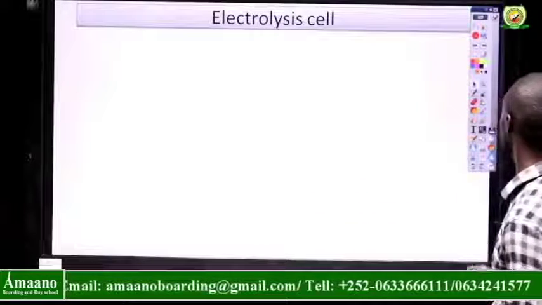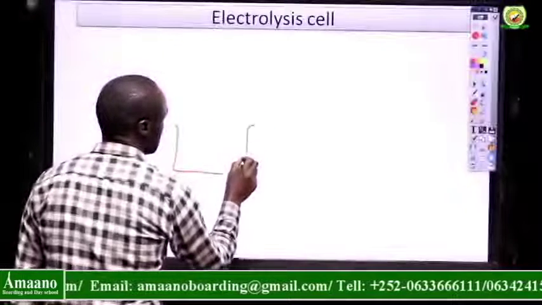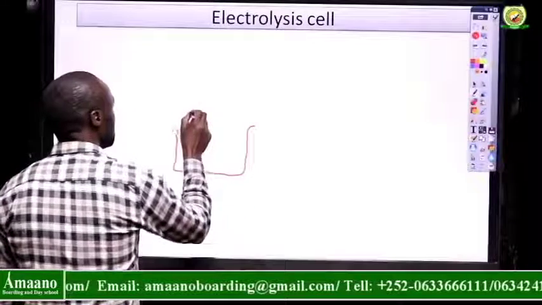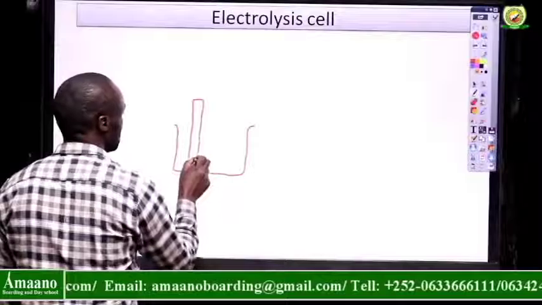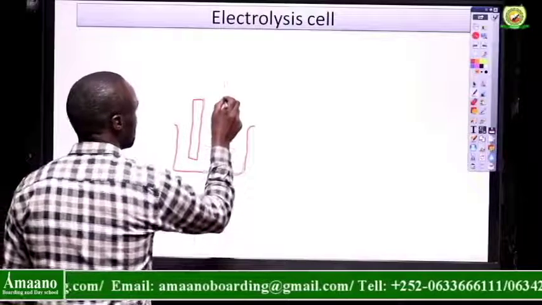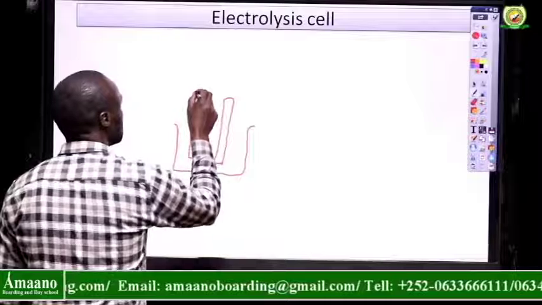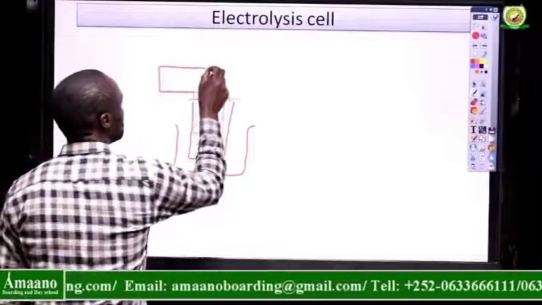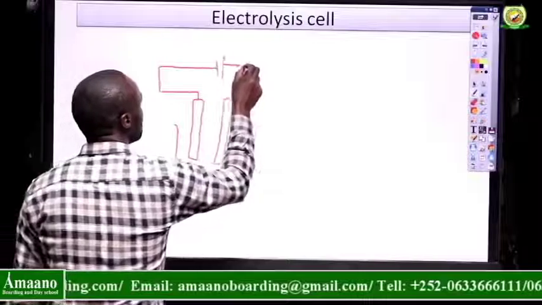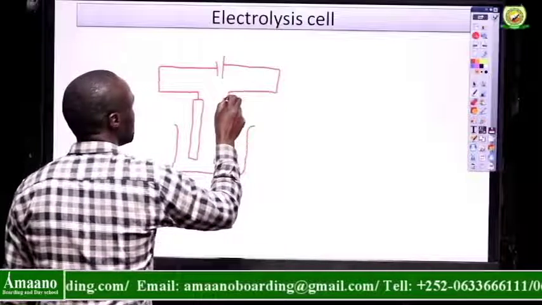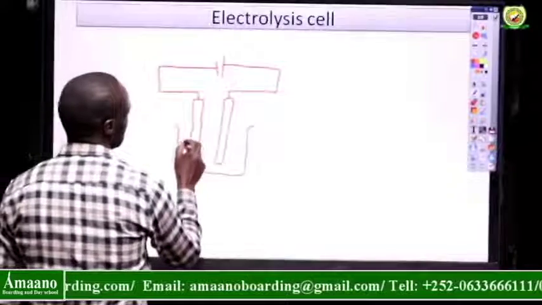Then we have this example of an electrolytic cell. This is how an electrolytic cell looks like. This is our cell, and then here, this is an electrolyte now.